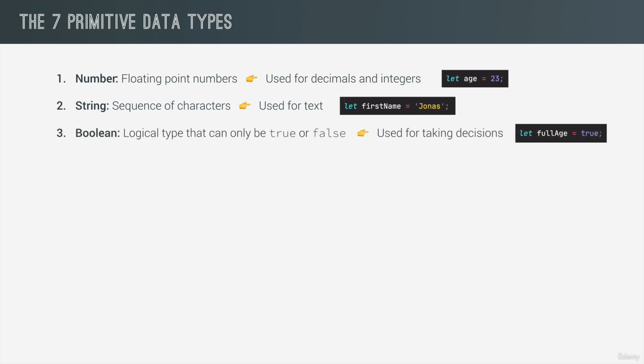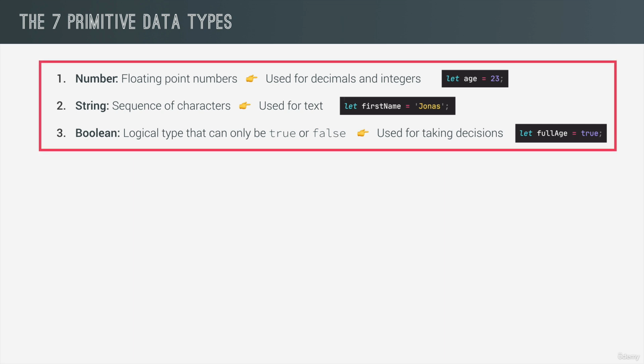The Boolean data type is essentially a logical type that can only take one of the logical values, true or false. In other words, a Boolean is always either true or false. All right? We use Boolean values to take decisions with code, as we will see later. And these are the 3 most important data types that we will deal with the most.